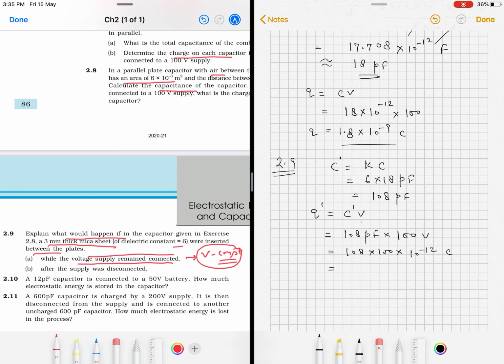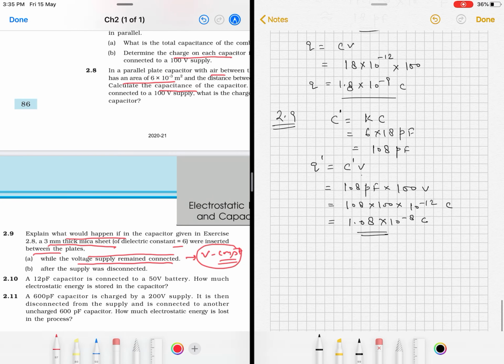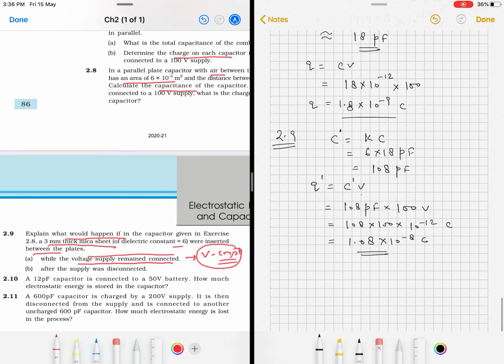So we will have 10 to the power minus 8, so 1.08 into 10 to the power minus 8 coulombs. So these will be the changes when the space between the capacitor plates is filled with a dielectric and the battery remains connected. So this was the case when the battery remained connected.